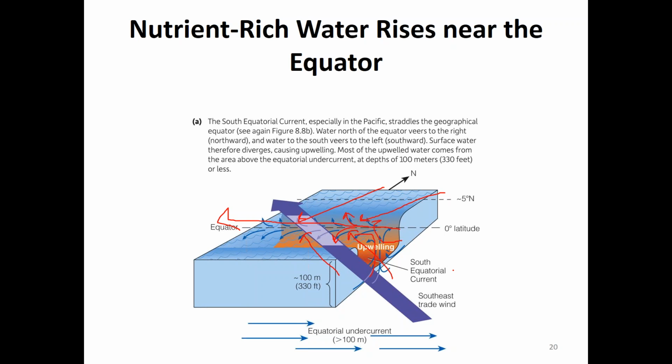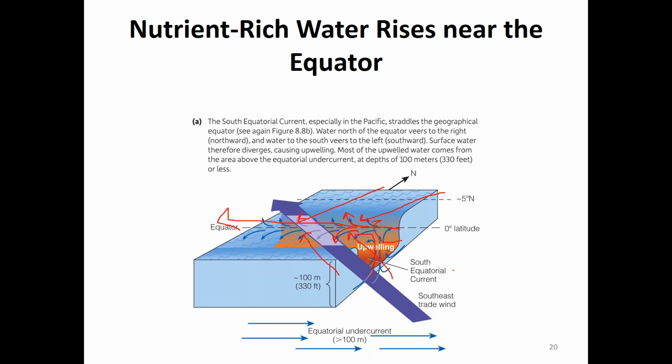Whenever you have that strong density difference, fluids of different density don't like to mix, and so the water stratifies, it layers, and there's no vertical mixing. And so the surface water becomes depleted of nutrients, and that's why these open tropical oceans have very little life in them, because they're nutrient depleted, because there's no vertical mixing.